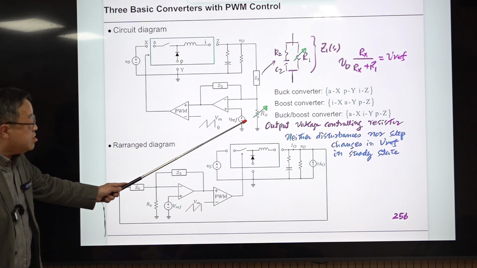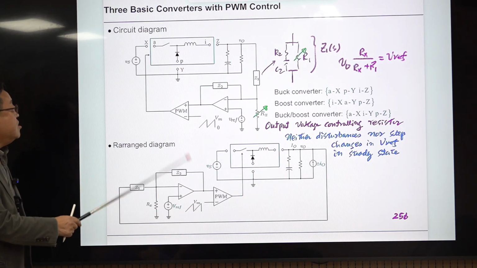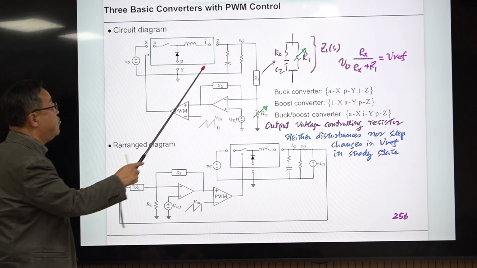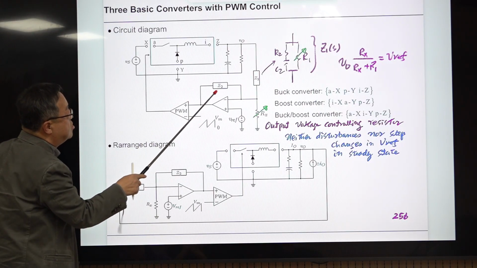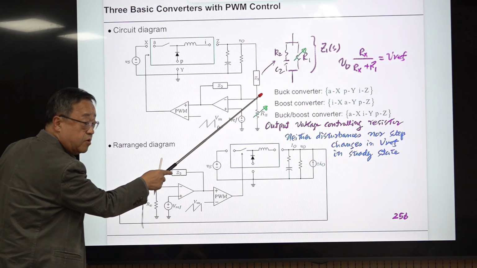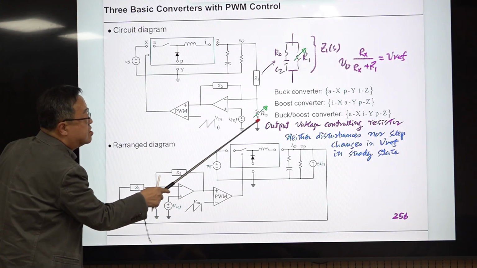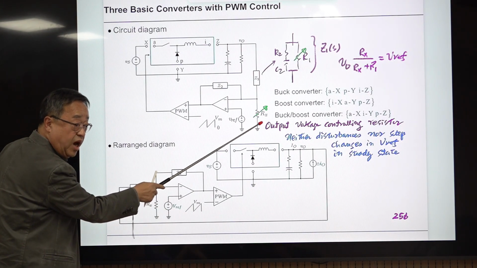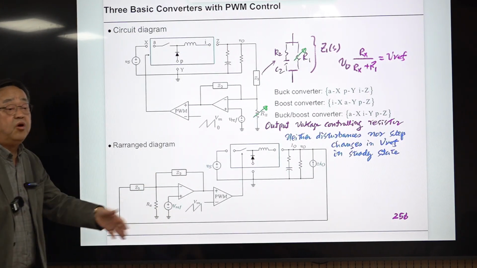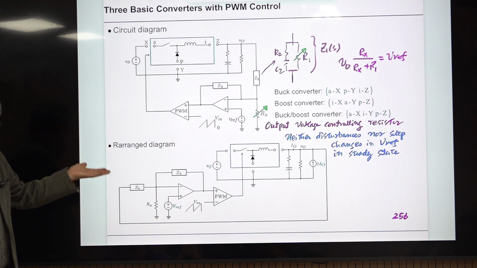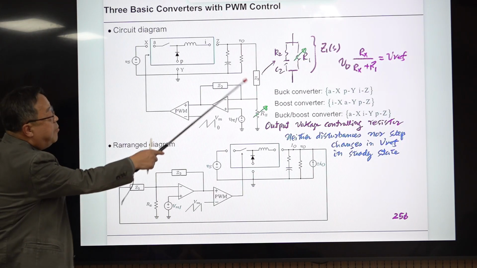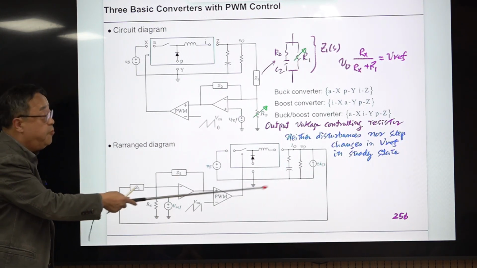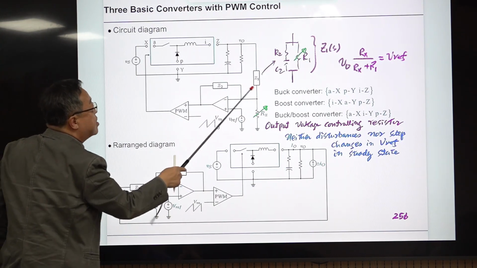The reason for this is that the AC transfer function with this inverting amplifier is G2 divided by G1. There is no impact of this RX. RX does not interfere with the AC characteristics of the transfer function. So even though you change this, everything remains the same. If you change this, it affects this.